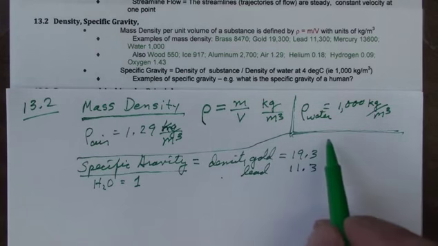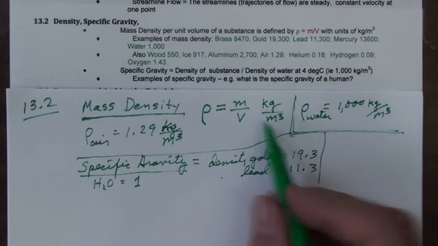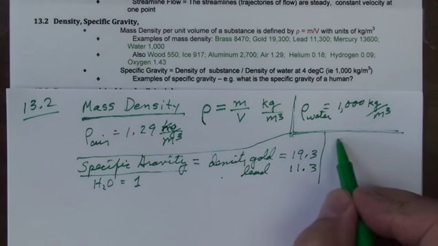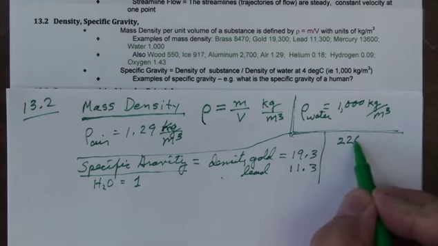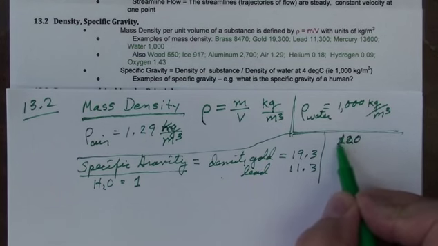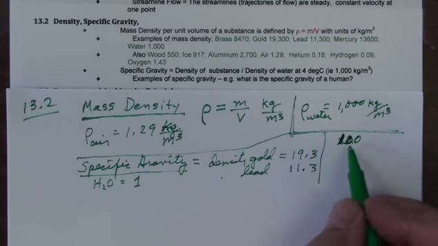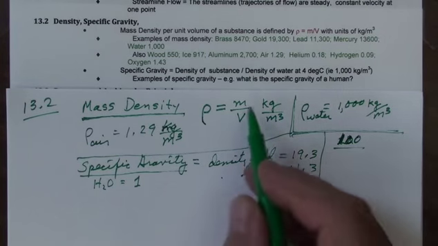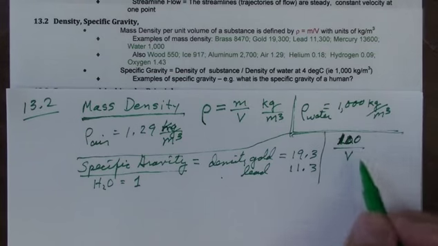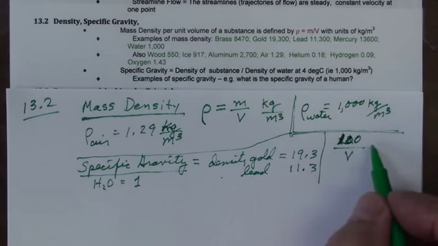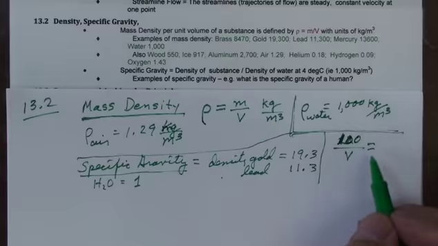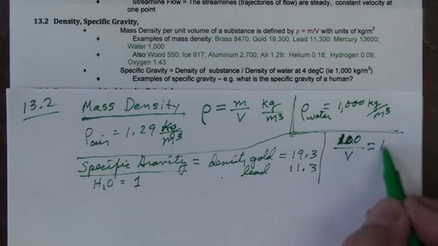A problem that you might consider then is, let's take a 100 kilogram man, which is 220 pounds, and divide that by the volume of that person that we want to compute. If that density is going to be the same as water, it's going to be 1,000.